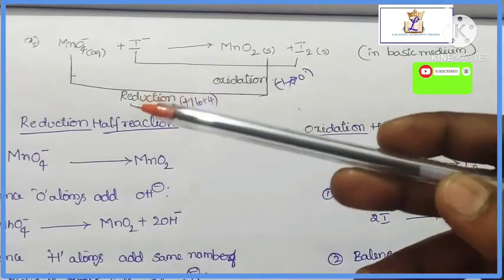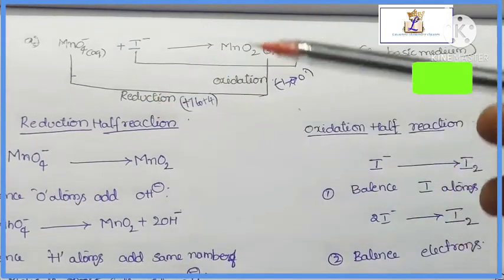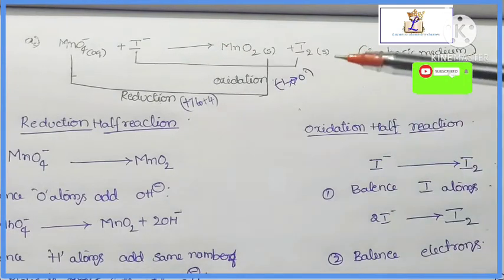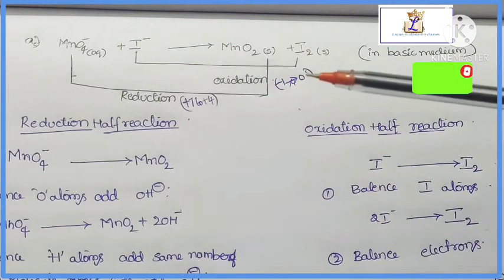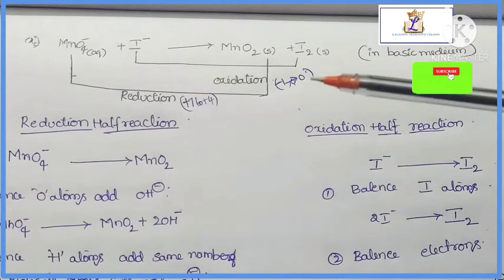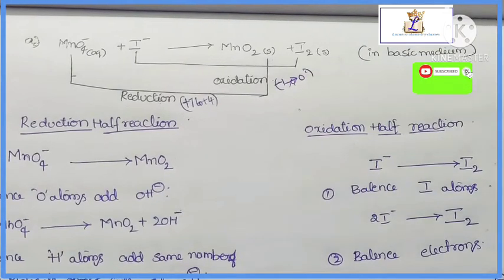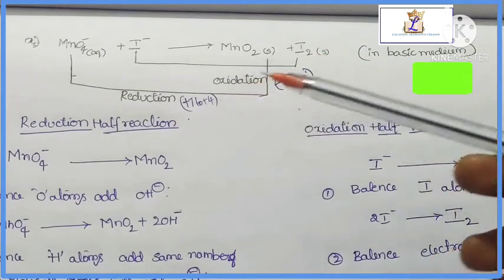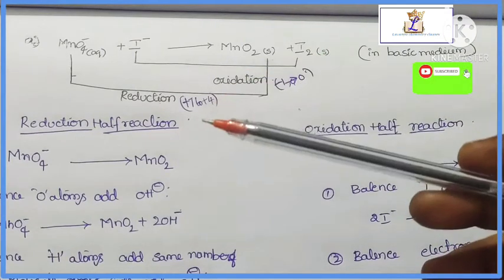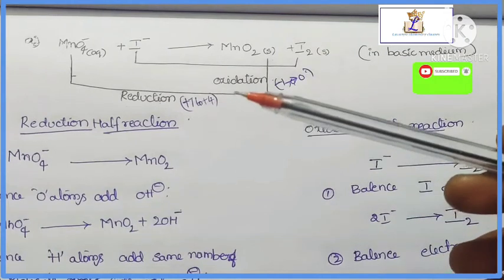So the reaction is a reduction reaction. And in the next equation, I minus to I2, oxidation takes place, that means minus 1 to 0, and the electrons are removed. The removal of electrons is called an oxidation reaction and the addition of electrons is called a reduction reaction.